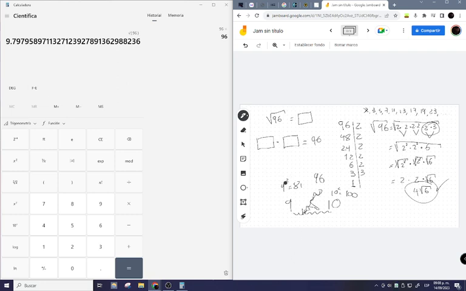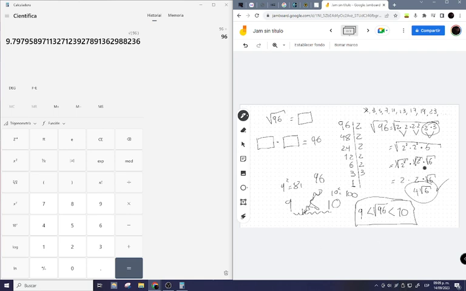So we can say that it's 9 point something. Okay, so we can say that square root of 96 is bigger than 9 but smaller than 10. We can write it also like this as an approximation, like an estimation of what the value of the square root is. So we know it's 9 point something. We can write it like this.